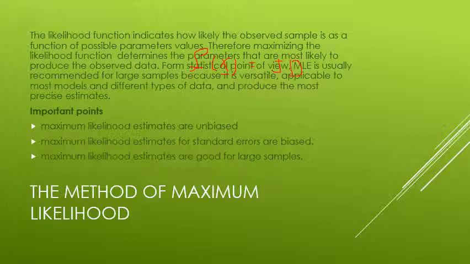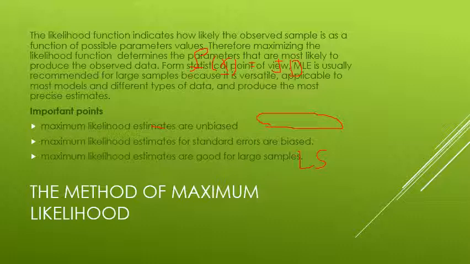From a statistical point of view, MLE, maximum likelihood estimates, is usually recommended for large samples. For small samples, you can use least squares estimates, because it is versatile, applicable to most models and different types of data, and produces the most precise estimate.